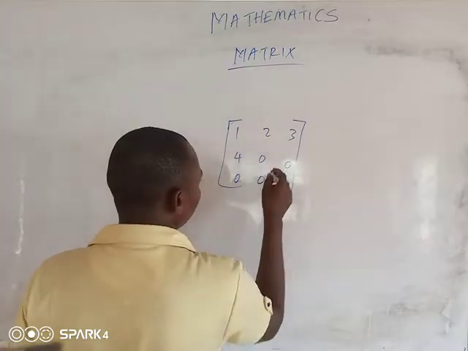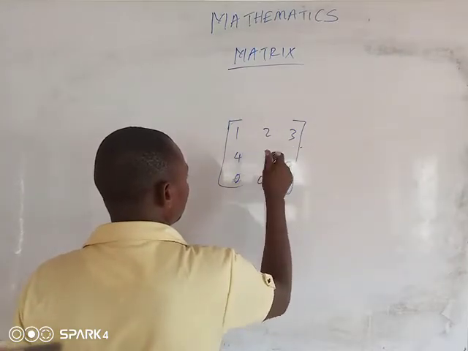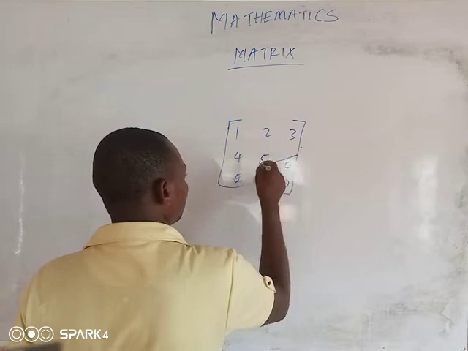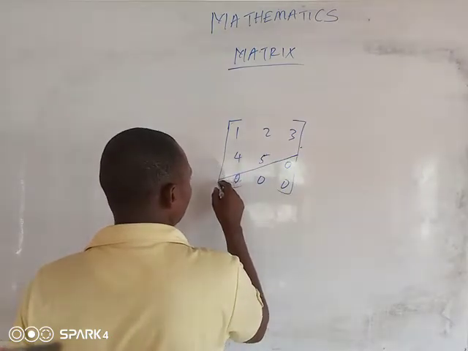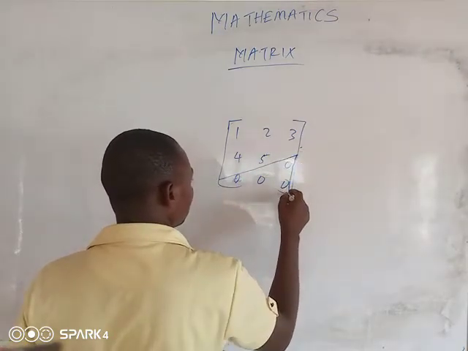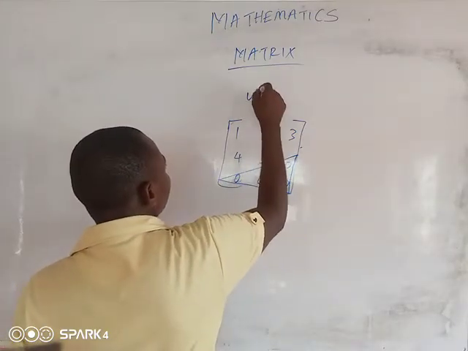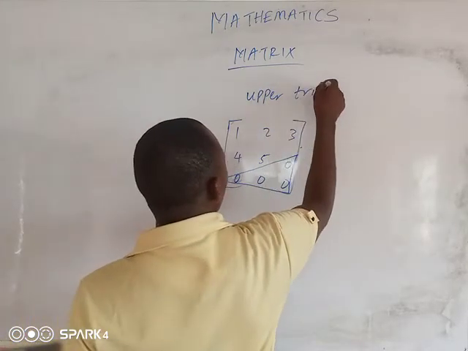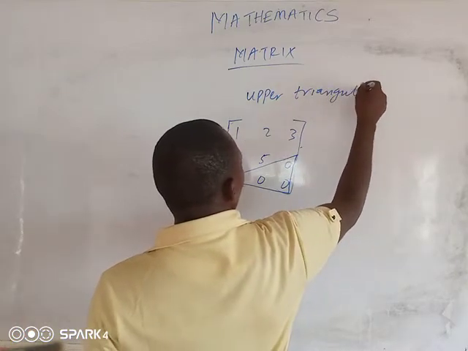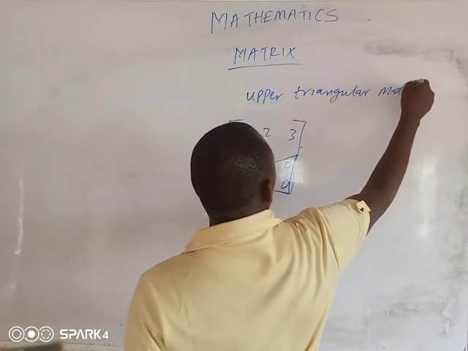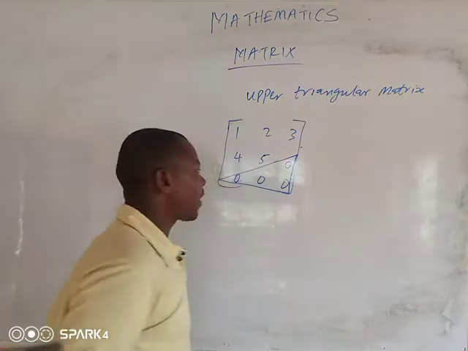So let me say this is 5. So we have this. So this is an upper triangular matrix.